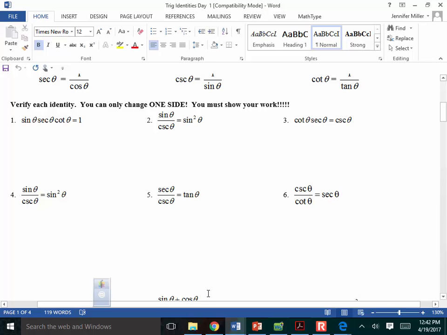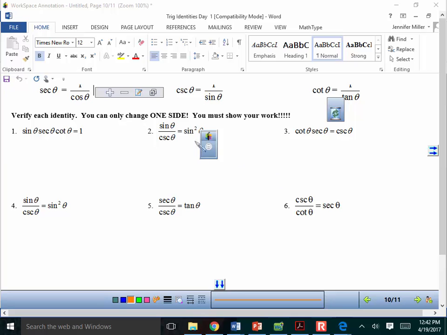In example number 2, how are we going to want to rewrite this? Which side is less complicated, would you say? You may say the left side. I'm going to go with the right side. Every time, we're trying to get the left side equal to the right side, okay?